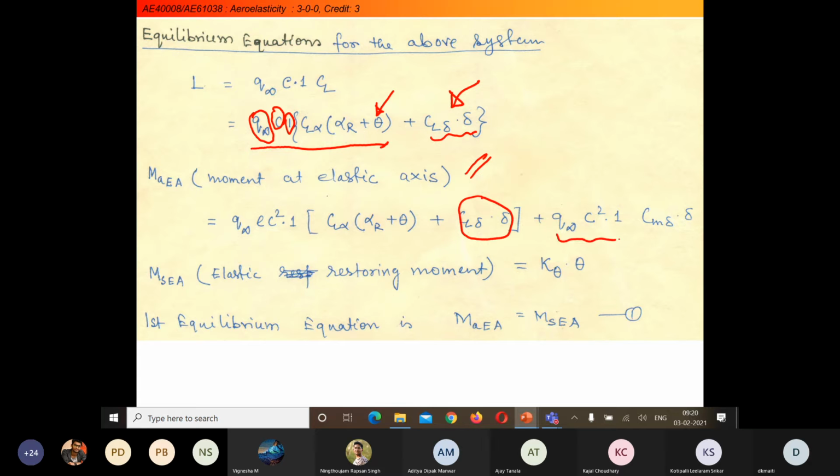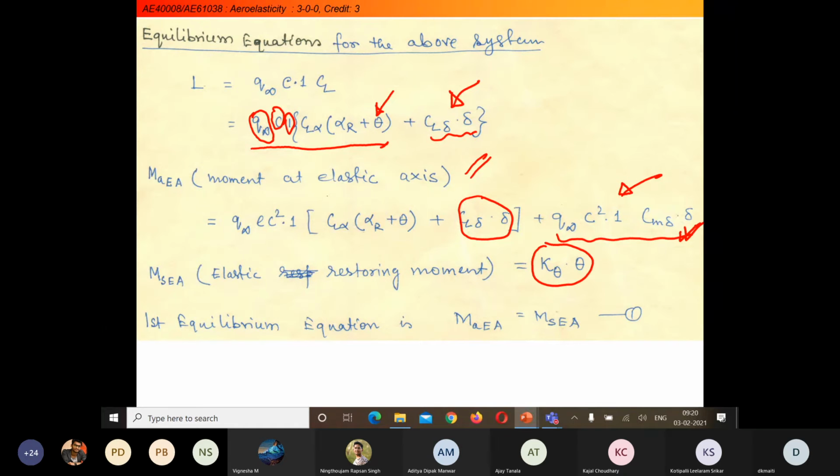And Q infinity C square into CM delta into delta is the aerodynamic moment developed at the location of the aerodynamic center.